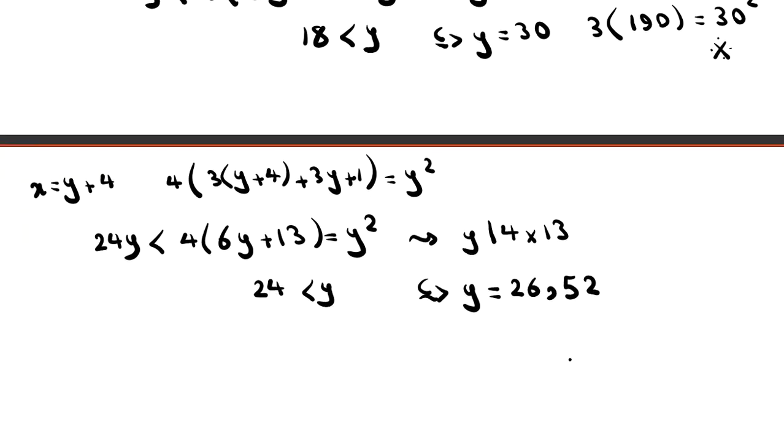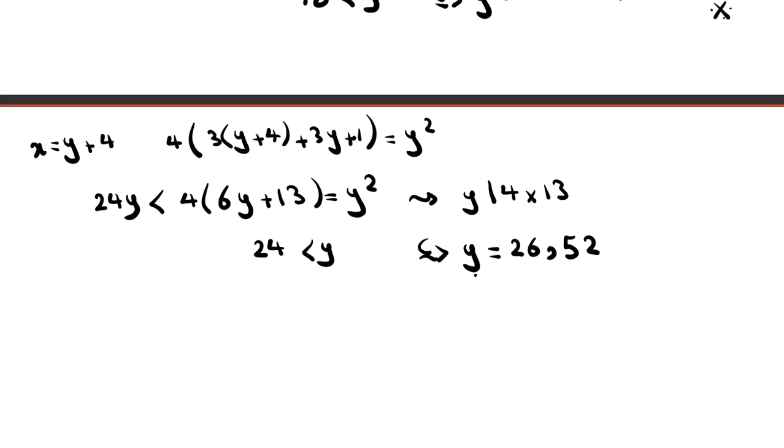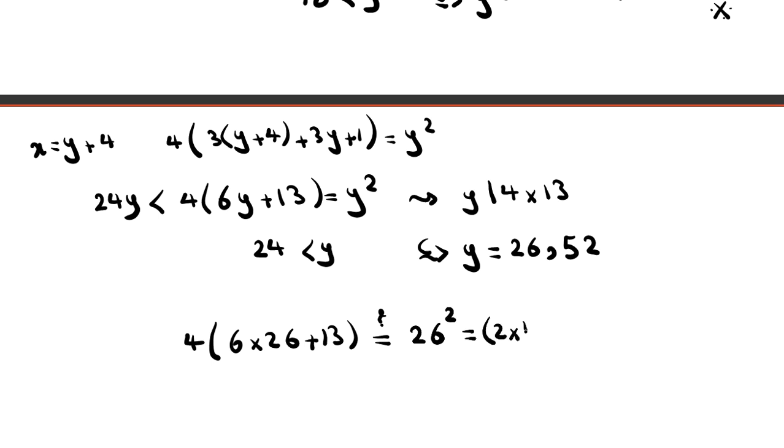Because the problem says find minimum x, at first we check 26. If we check 26, then we have 4 times (6 times 26 plus 13). We want to check, is it possible? 26 squared is what? 2 times 13 squared, it is 4 times 13 squared.